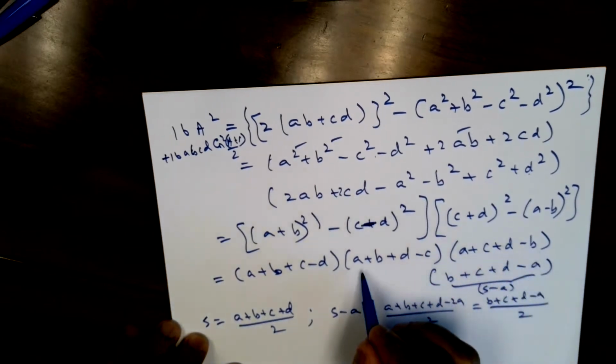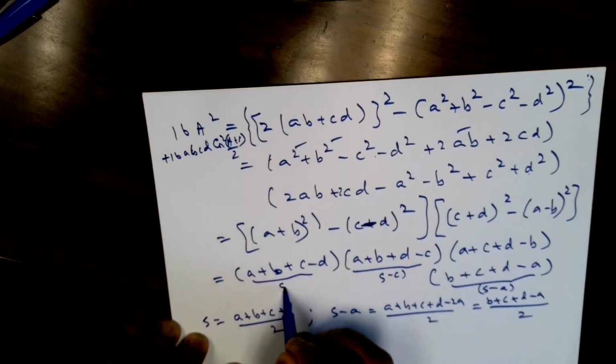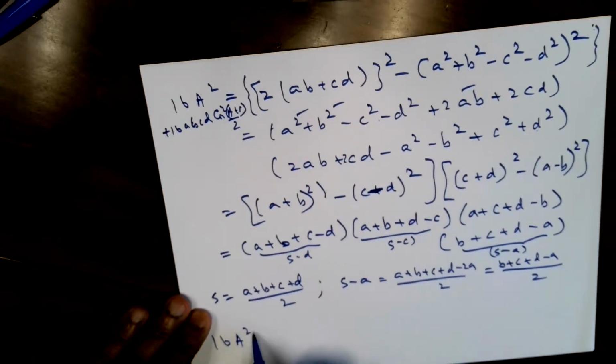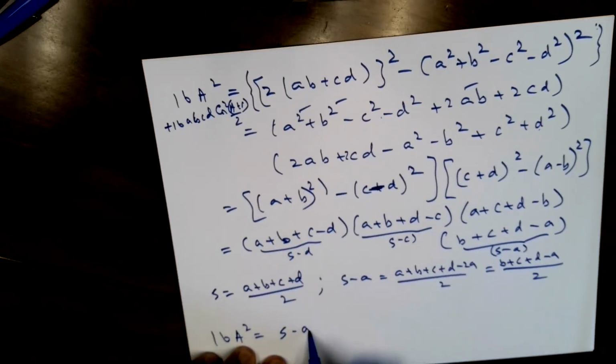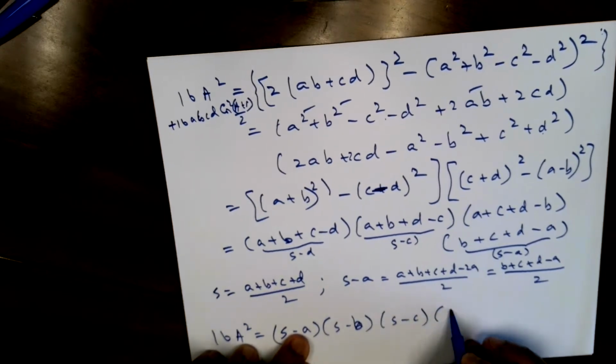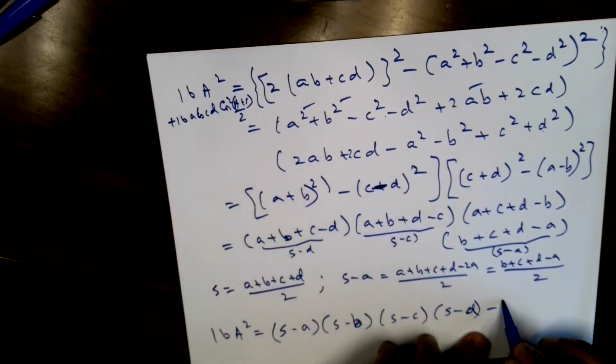So this is S minus b, this is S minus c, and this is S minus d. So we get 16a squared is S minus a multiplied by S minus b multiplied by S minus c multiplied by S minus d, and I'm going to keep tab of that abcd term.